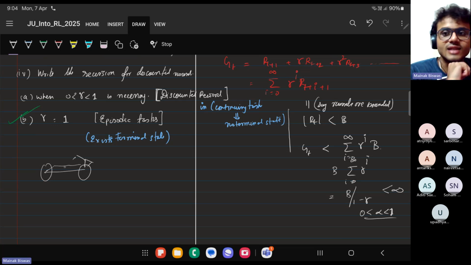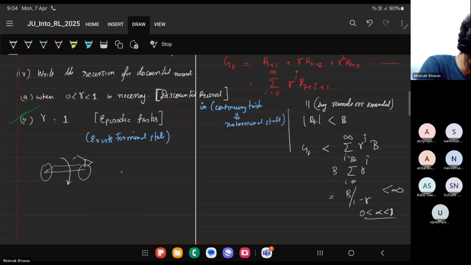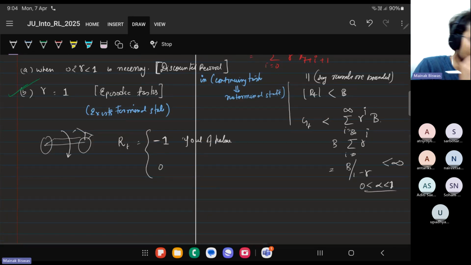And every time it goes out of balance, you give a reward. So if out of balance, r_t is equal to -1, and 0 otherwise. This is one of the rewards that I'm just describing to you.